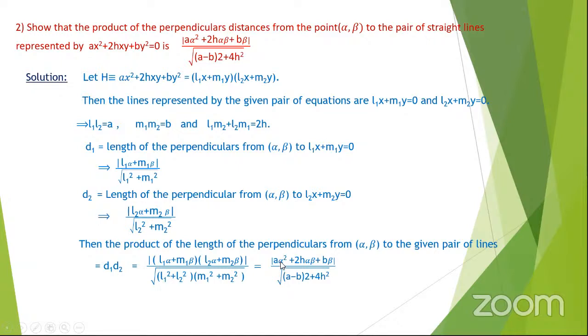That is alpha square times L1 L2, and in place of L1 L2 we have a, so a alpha square plus, in place of L1 M2 plus L2 M1 we have 2h, so we take 2h alpha beta plus M1 M2, which we take as b beta square, by under root of (a minus b) whole square plus 4h square.